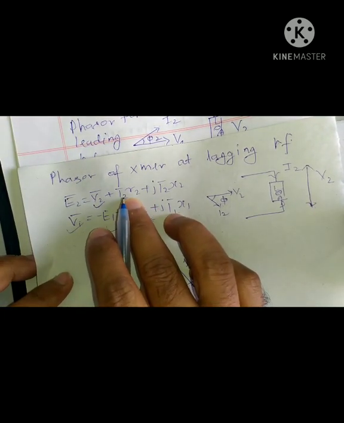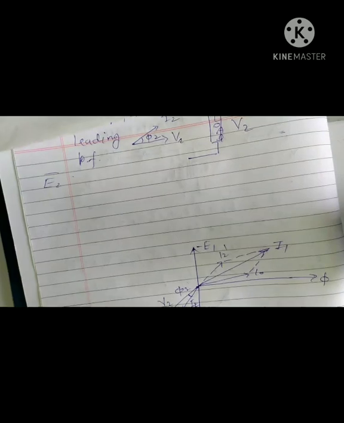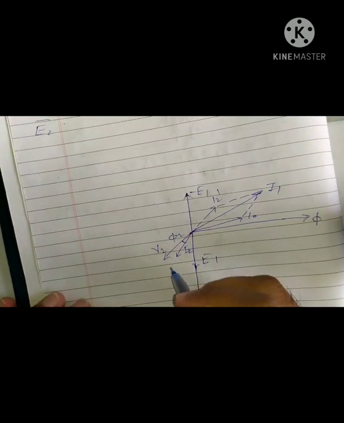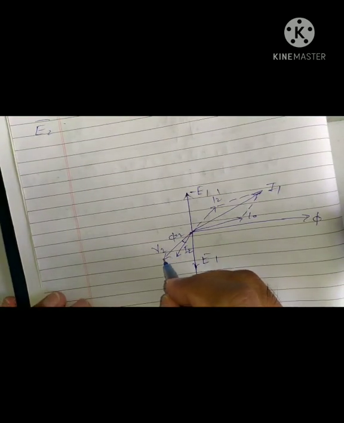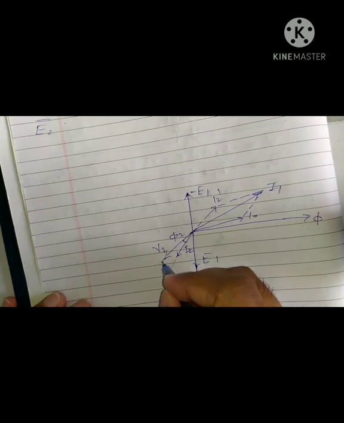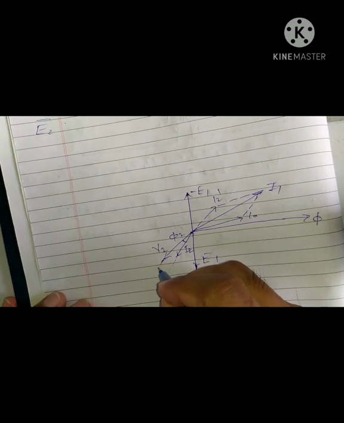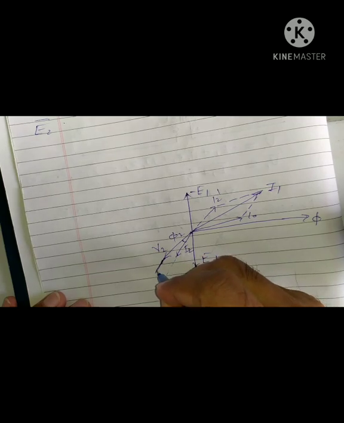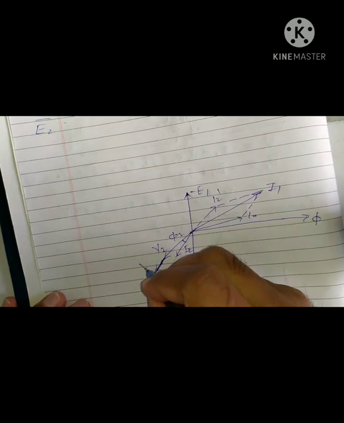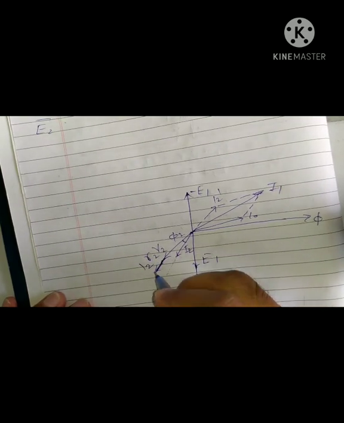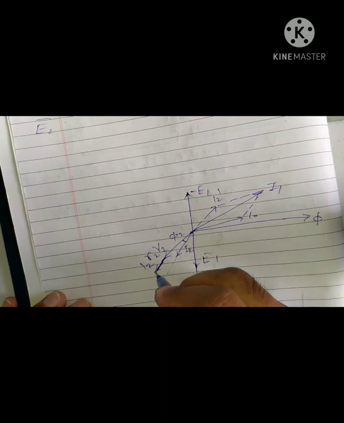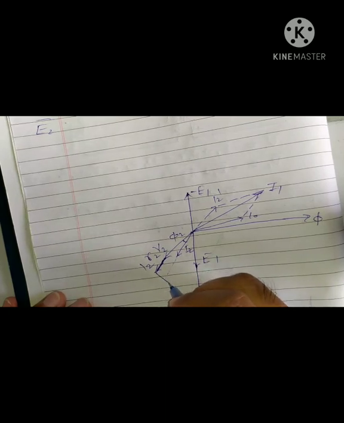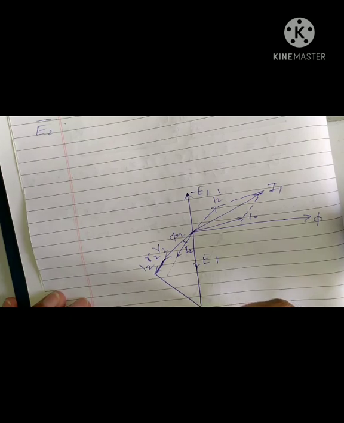I2R2 will be in phase with I2. So V2 is here, and parallel to I2 I will draw I2R2, that will be like this. So this is I2R2, and I2X2 will lead it by 90 degrees. So I2X2 is here.